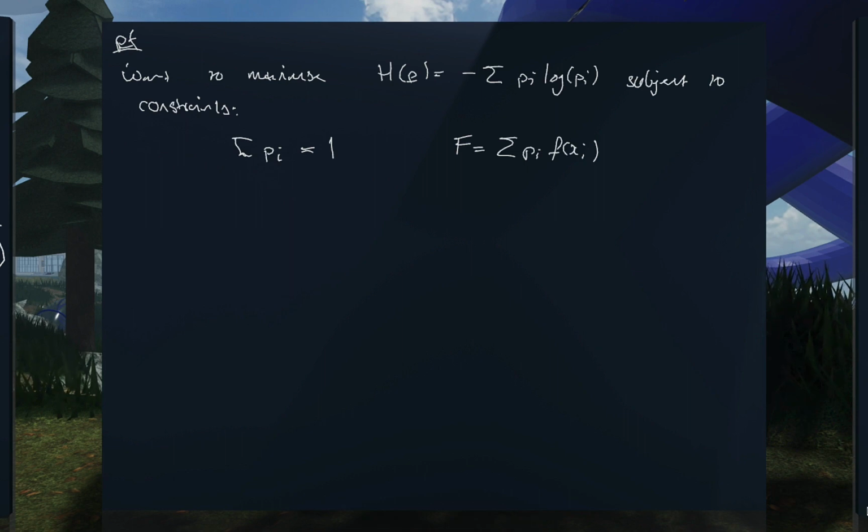Cool. Now, since f is not identically 0, which was one of our assumptions, we use Lagrange multipliers to do this. So we define the following function.